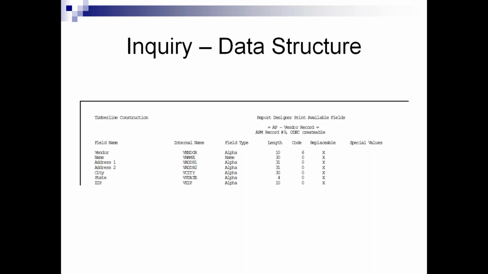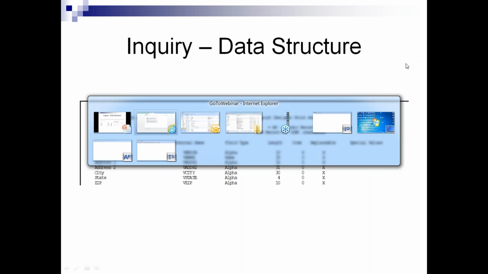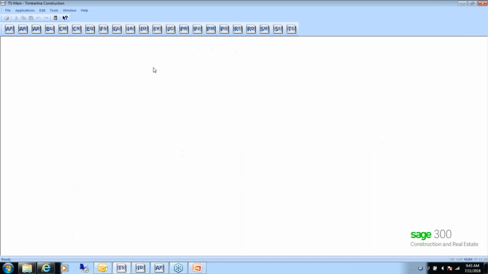So let me, I think it would be best if I just go ahead and come into, that's not what I wanted to do. Cancel that. Let me actually bring up Report Designer.